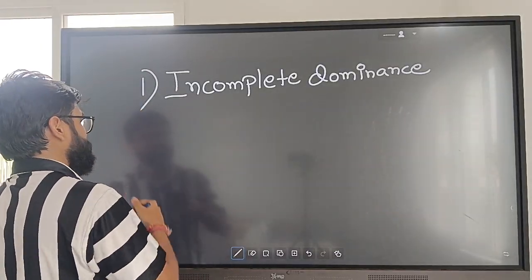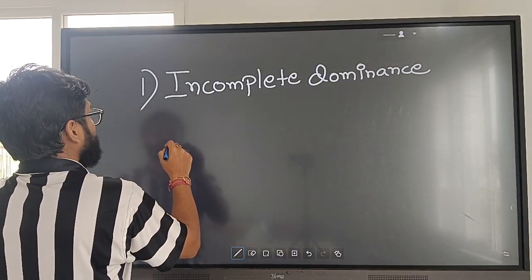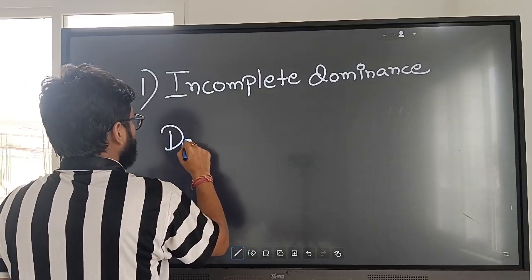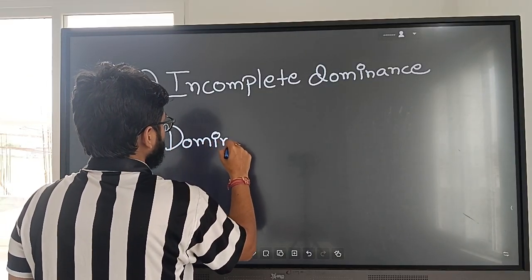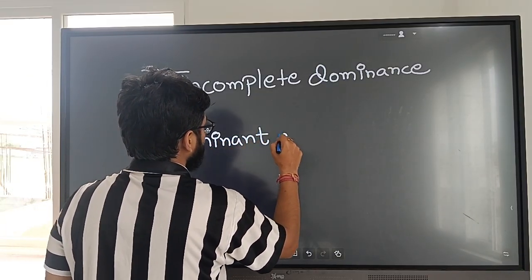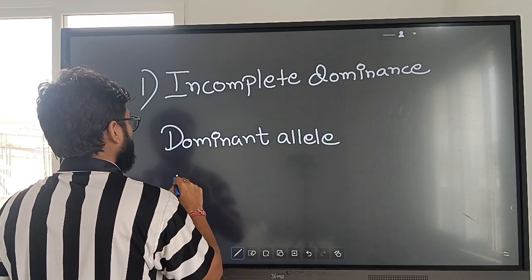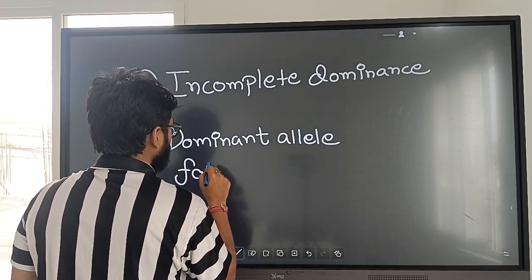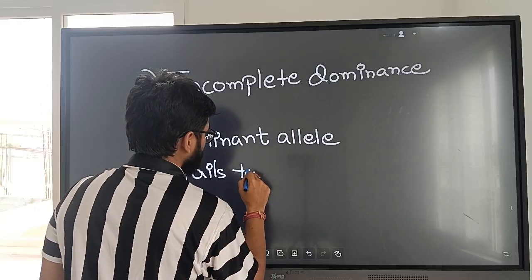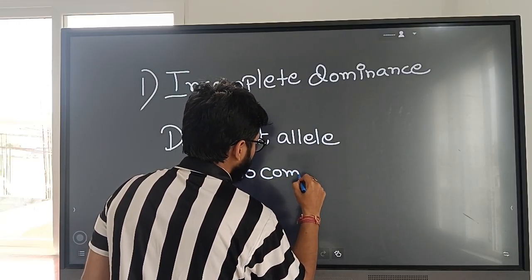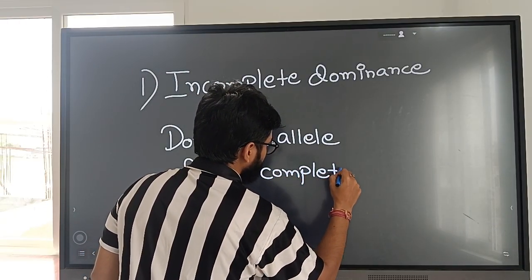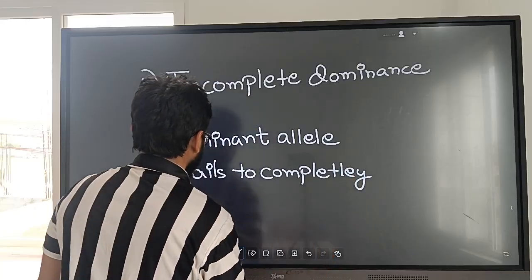What happens in incomplete dominance is that the dominant allele fails to completely express itself.